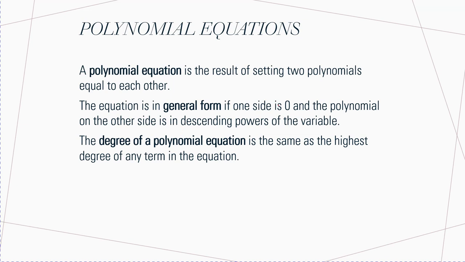So we want to put the equation in general form first, which means you set one side equal to 0. Then I'm going to show you how to solve by factoring.